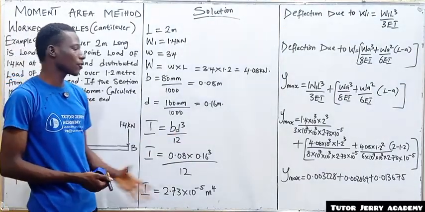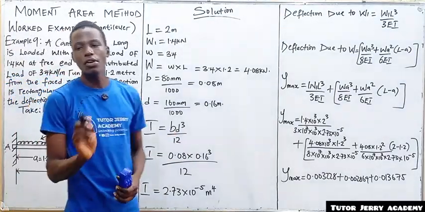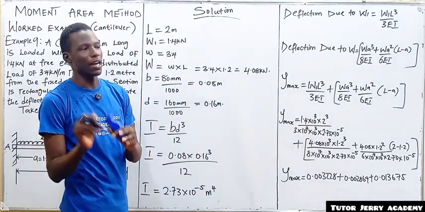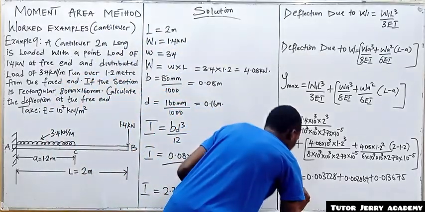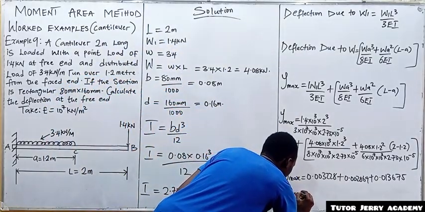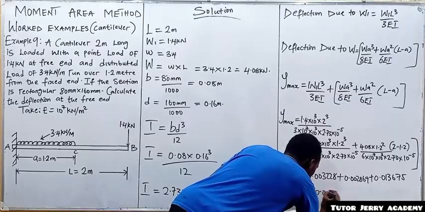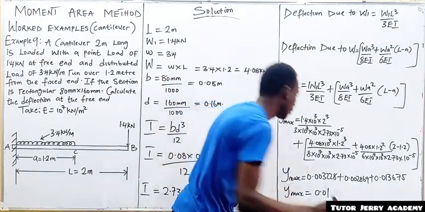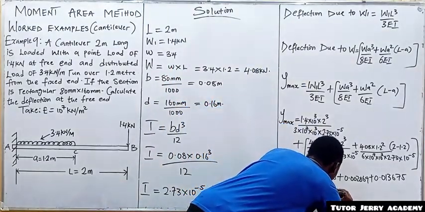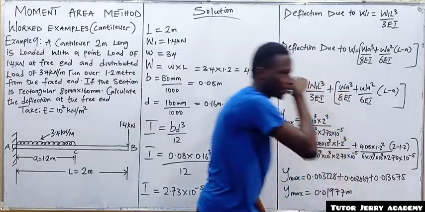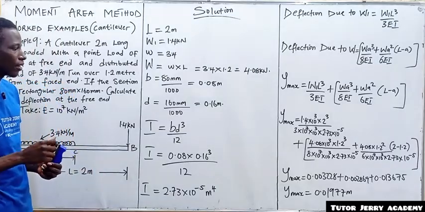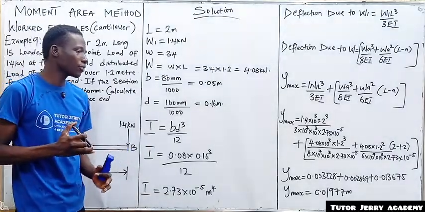All right, so if we sum all of this, we'll have nothing but 0.01977 meters. So y max will be equal to 0.01977 meters. All right, but we need our answer to be in millimeters, so we'll multiply by 10 to the power of 3.